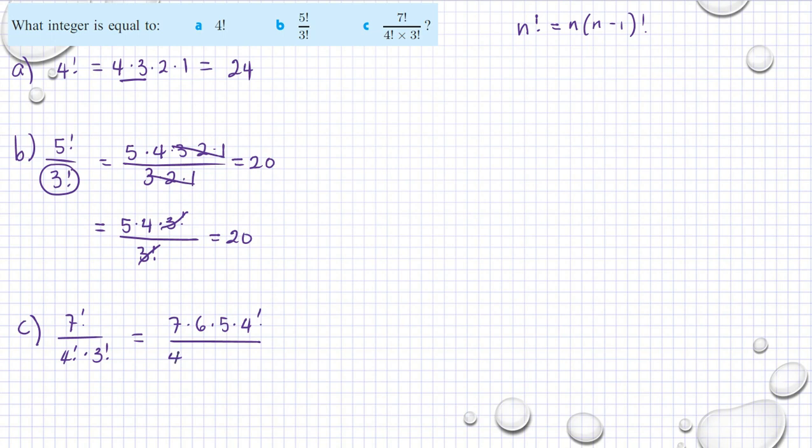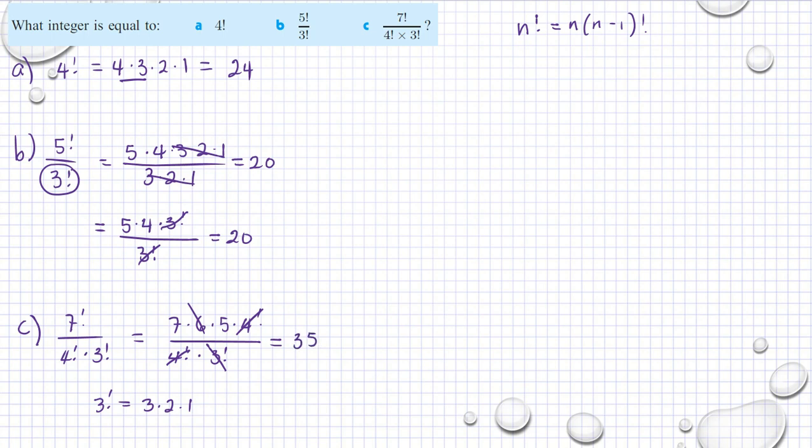And then we have 4 factorial multiplied by 3 factorial. Then 4 factorial will become 1. Then we have 3 factorial, which is 3 times 2 times 1. That is 6. Then that will become 1 also. Then we have only 35.